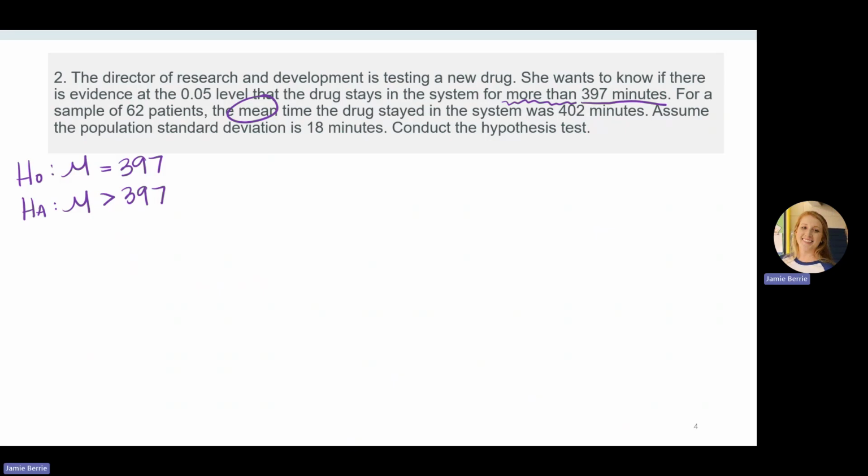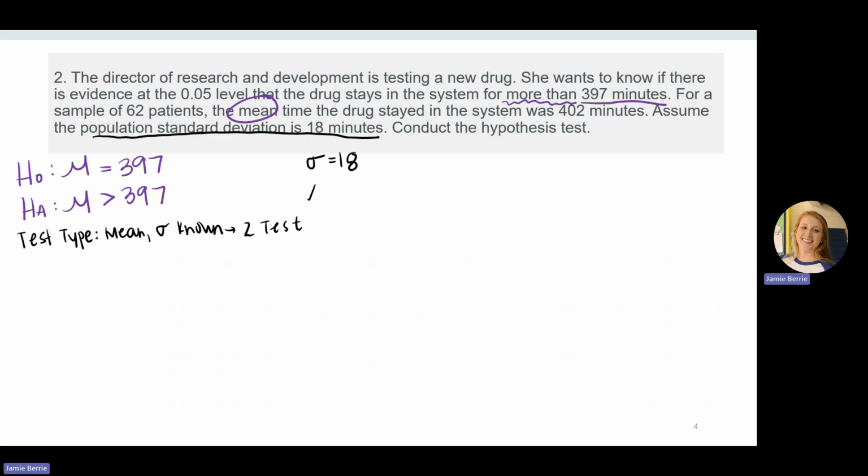All right, so we've got our null and alternative hypothesis stated. Now we'll write the test type. We do know the population standard deviation, so we're doing one for a mean. Sigma is known, so we're going to do a z-test. The population standard deviation was known to be 18 minutes, so we'll note that here.